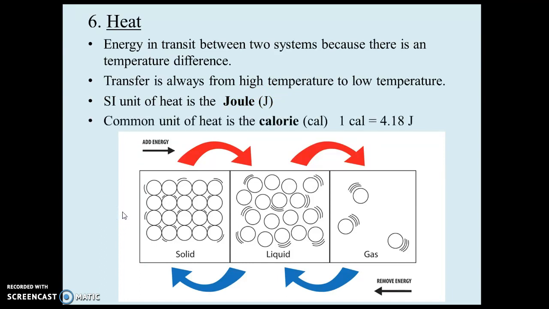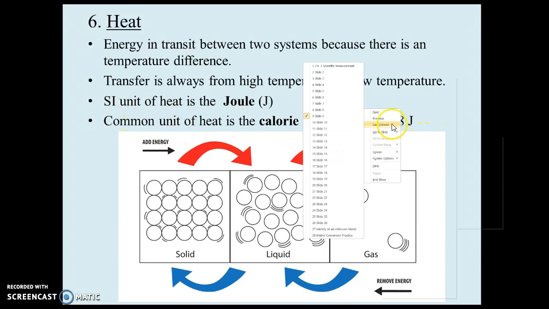And then another common unit that we'll see often is the calorie. We abbreviate that CAL. 1 calorie is equal to 4.18 joules. And it's important to realize this calorie is the same kind of calorie that we see on the back of our food labels, except actually the calorie on the back of our food labels is a kilocalorie.